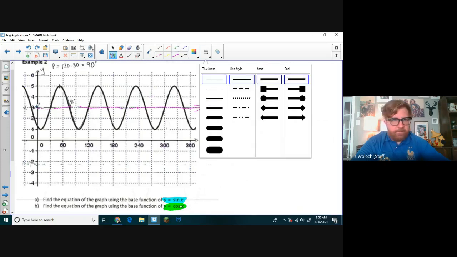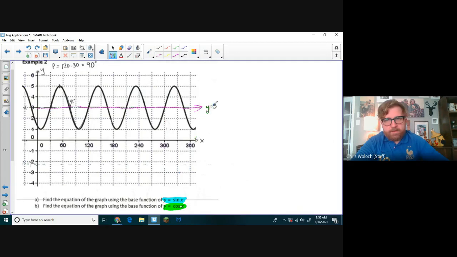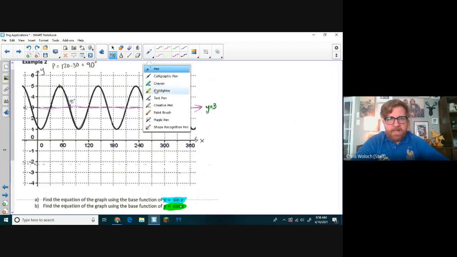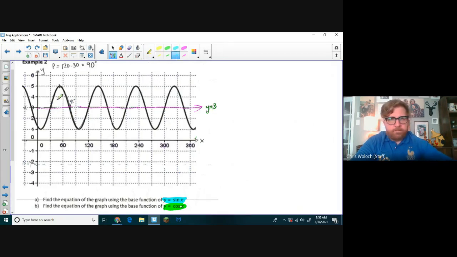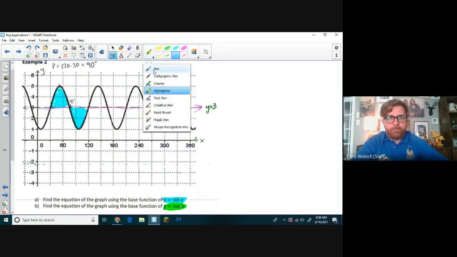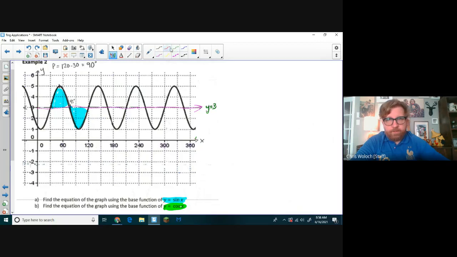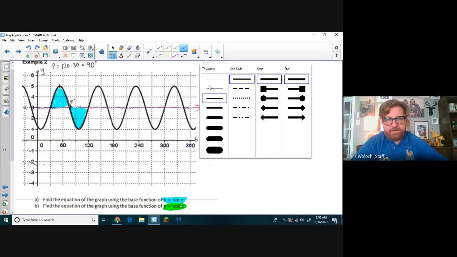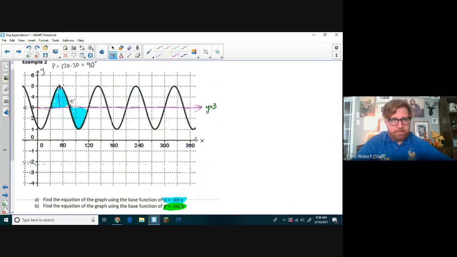And then clearly, if you look at the graph, you know that's y equals 3, right? So y equals 3 is my axis of the curve. Okay, amplitude, again, right? It's this amount here and this amount there. And no crazy calculation needed because you can just count on the graph.